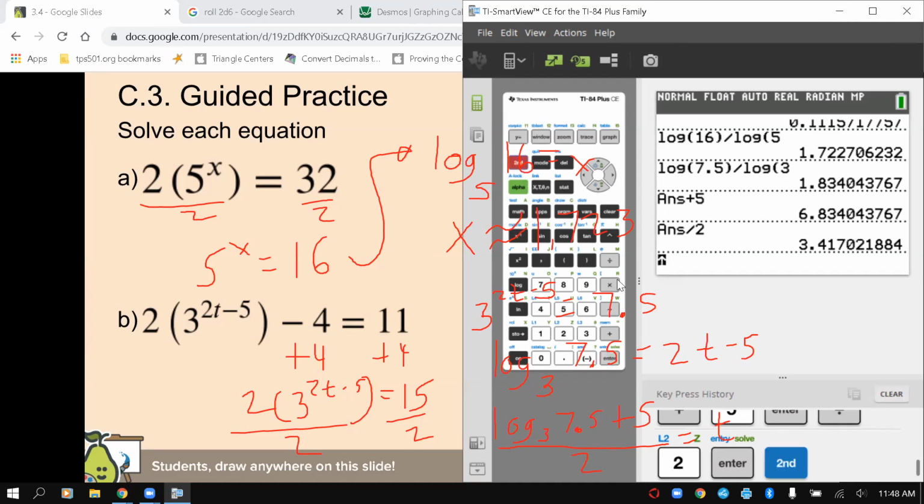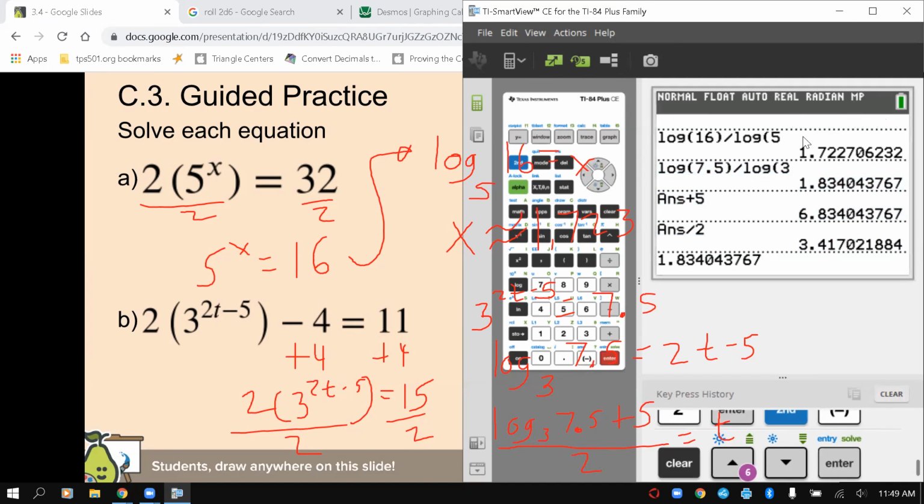Also, you can hit second answer to pull up the previous answer, or if you have the nicer calculators, you could just go up and copy the previous answer. Second negative sign will give you the previous answer, and it'll copy the entire decimal without rounding. But we want final answer 3.417.